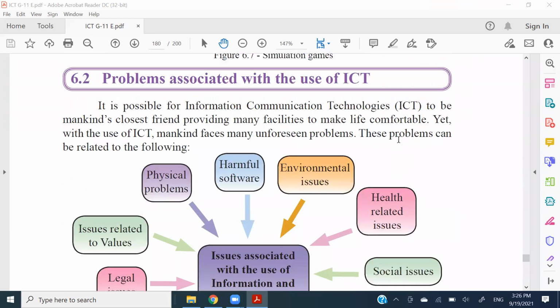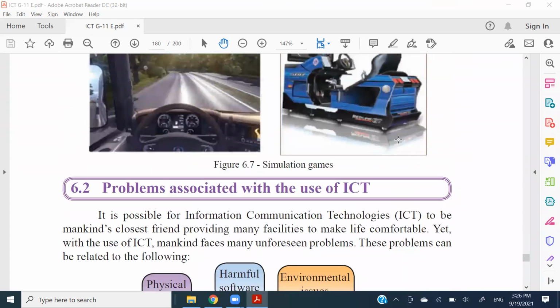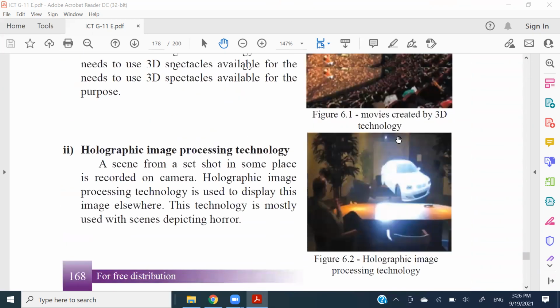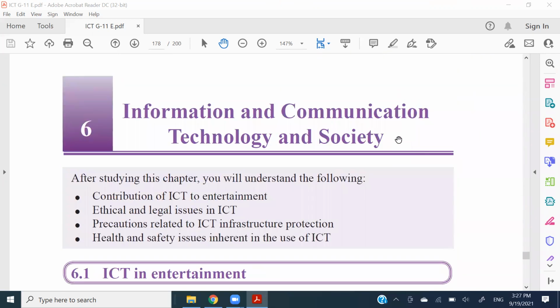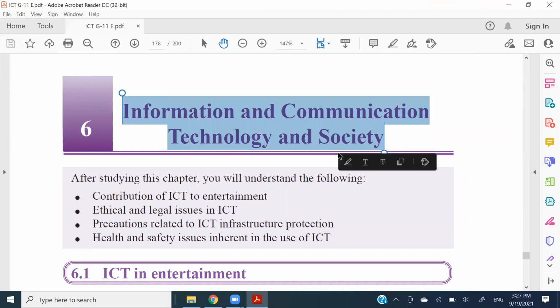Okay, so before I move to the problems, let's quickly take down the things. We are not going to describe things, we just have some important facts regarding this, right? So please take down the heading, ICT and society, as the main heading.